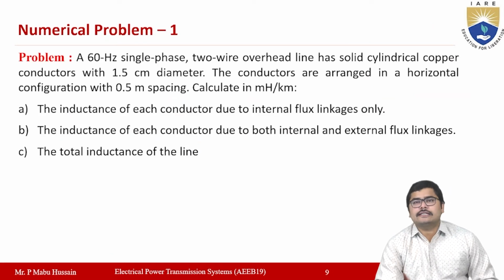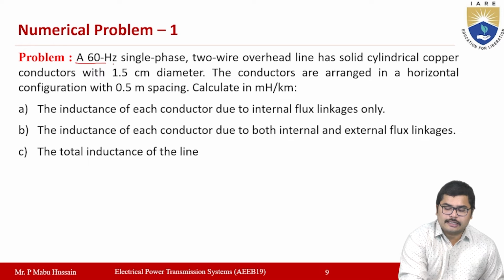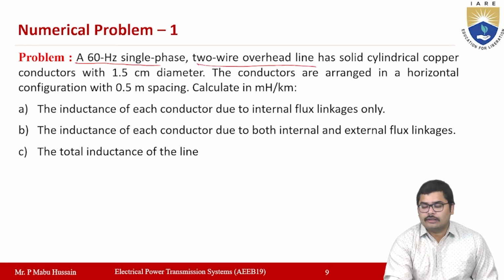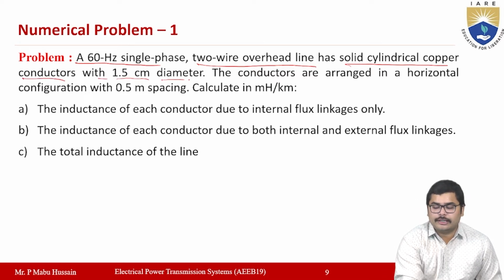Right. Let us see one numerical problem here. The problem is a 60 Hz single phase 2-wire overhead transmission line has solid cylindrical copper conductors with a 1.5 centimeter diameter.